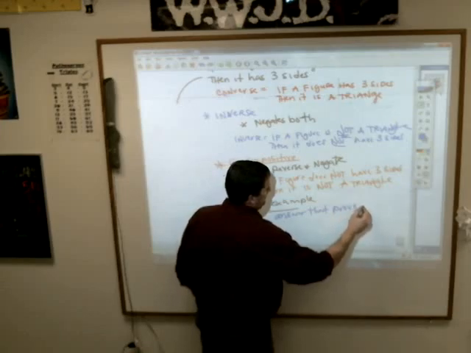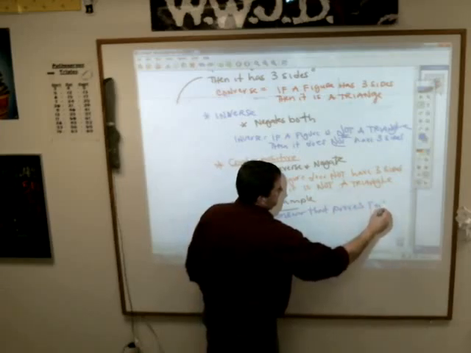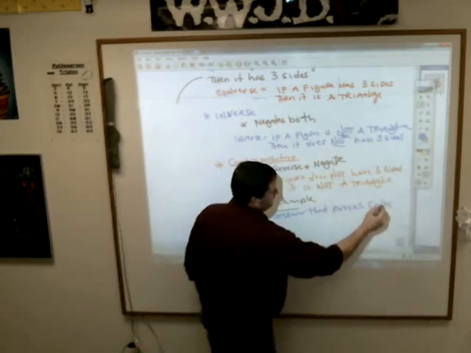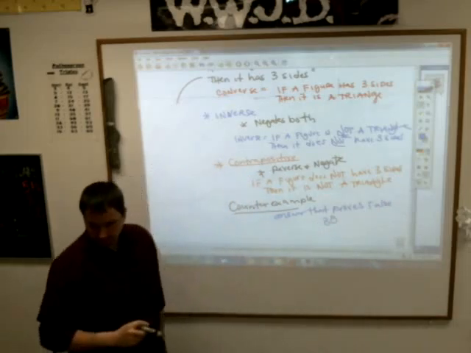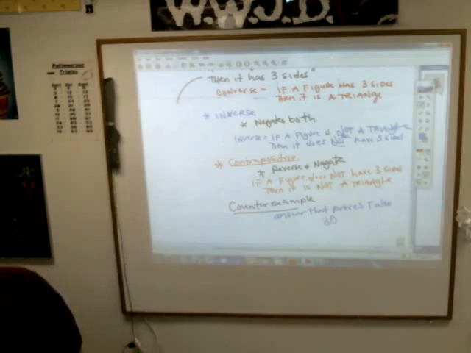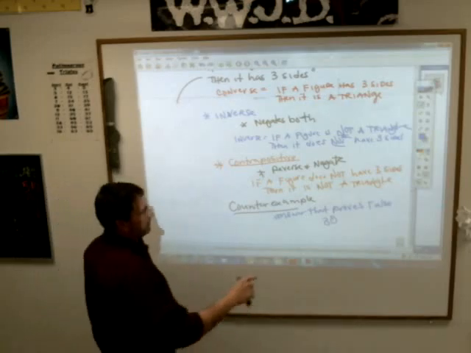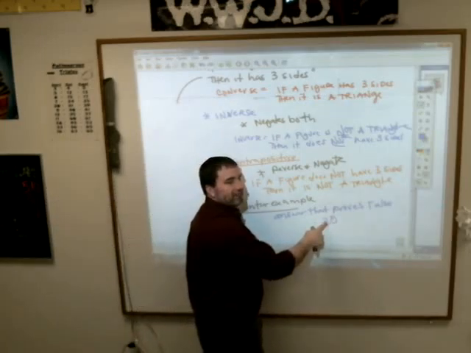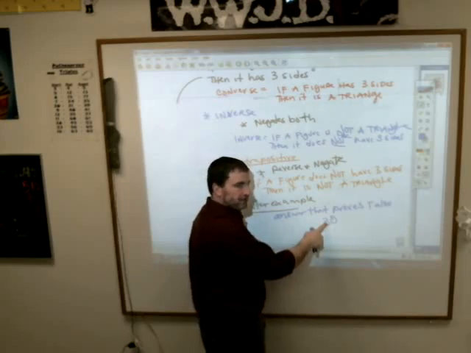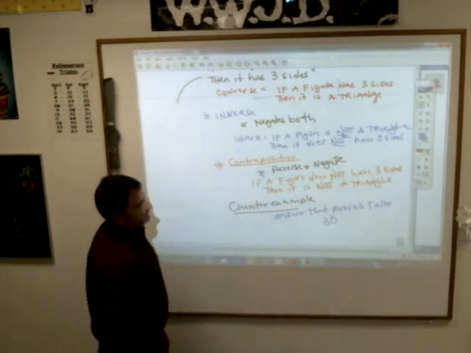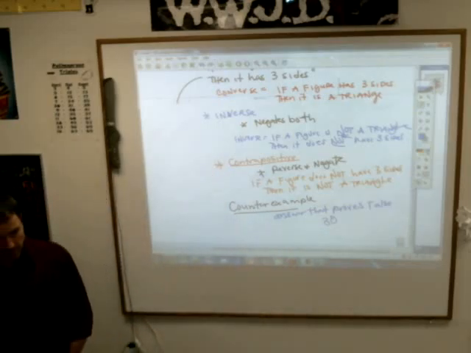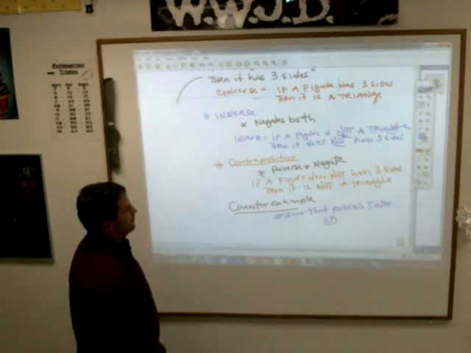A counter example for that statement would be the number 30, because the number 30 is a multiple of 5, but it doesn't end in 5, so that makes that converse false.